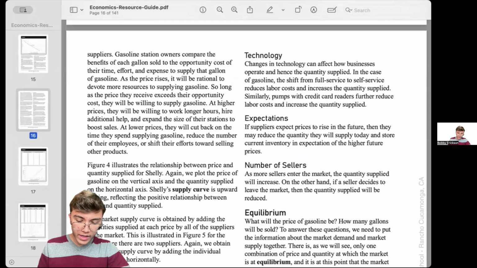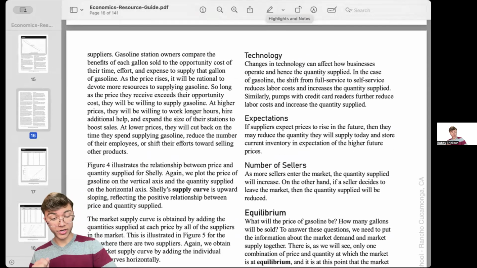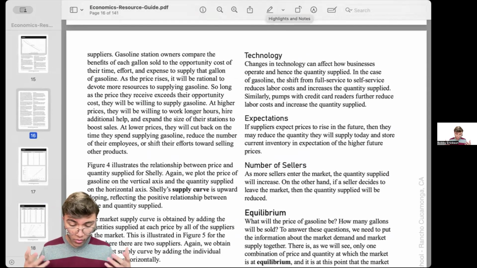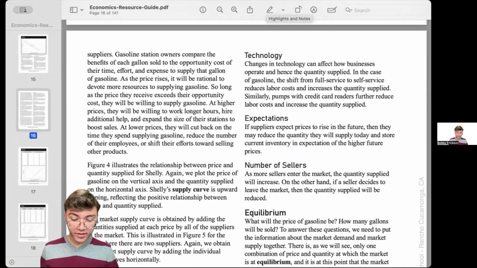So we can go ahead and use this example of gasoline station owners. They look at it and say, okay, each gallon sold has an opportunity cost of their time, effort, and the expense to supply that gasoline. And if the price of the gas rises, then they're going to be more willing to devote more resources for that gasoline.